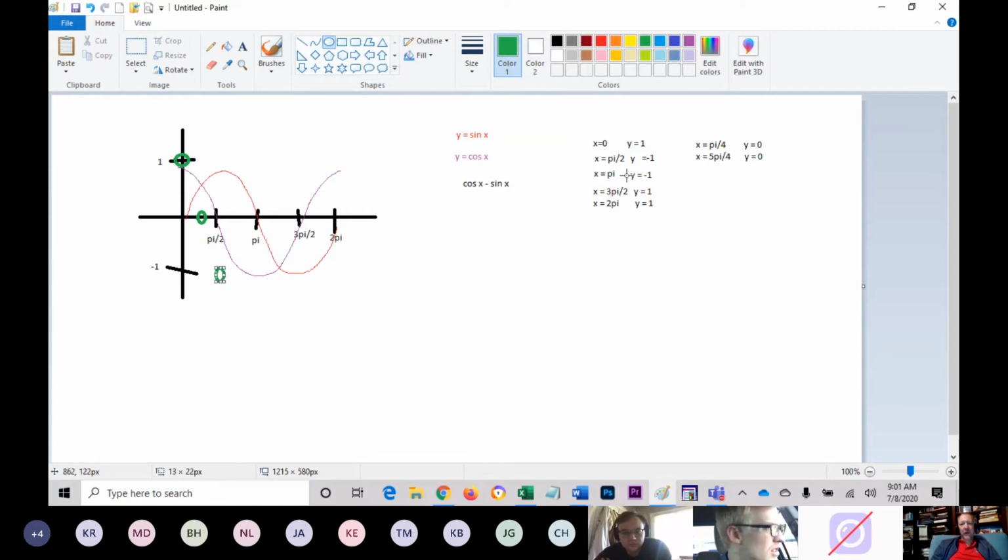When x is pi, y is also going to be -1. When x is 3 pi halves, y is going to be 1. When x is 2 pi, y is also going to be 1. Okay, so we've kind of got this plotted.